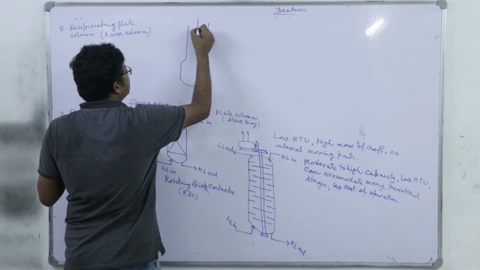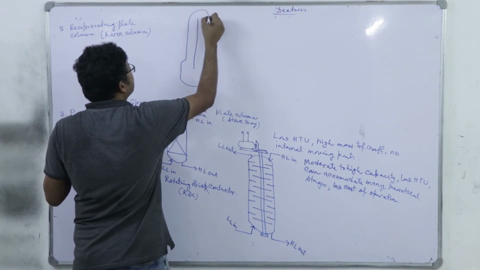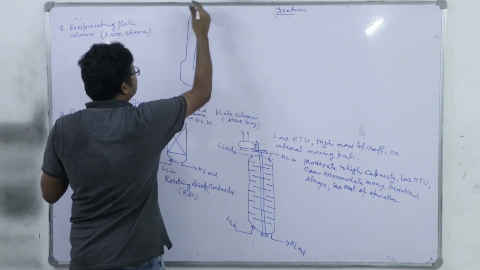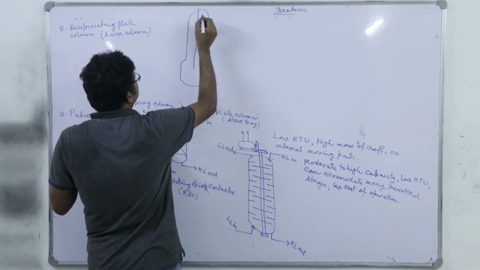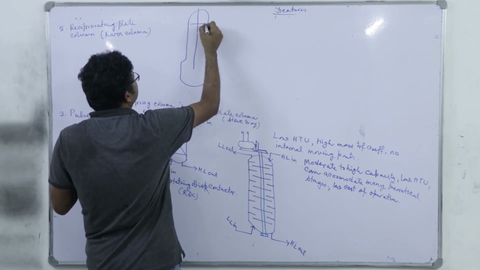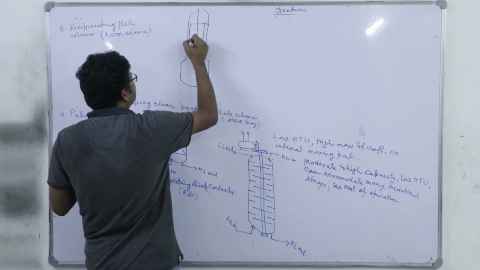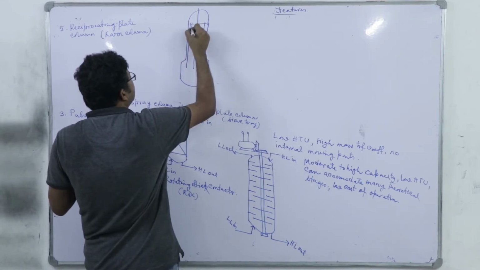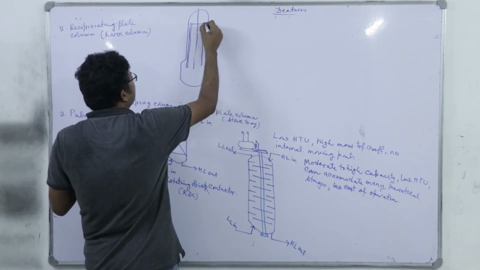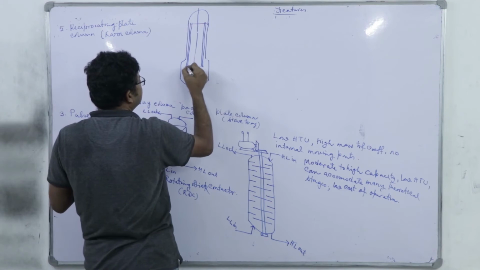So, here we have a shaft and the shaft basically reciprocates. It is a piston rather, not a shaft. Right, and the plates are mounted, perforated plates. These are mounted between the circular supports like this.